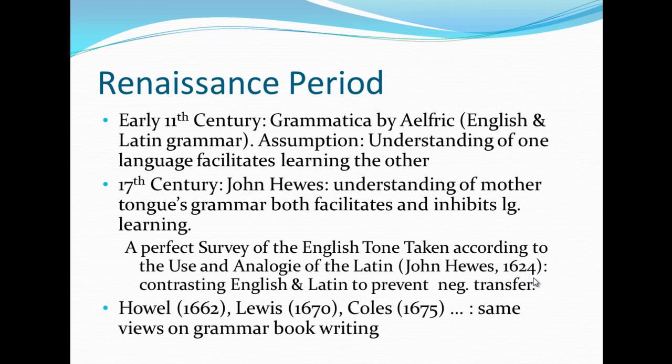So your native language can both help and hinder the learning acquisition of another language. And this is somehow like an upgrade from the previous assumptions made in Grammatica by Alfred. There can be beneficial effects, and there can also be harmful effects.